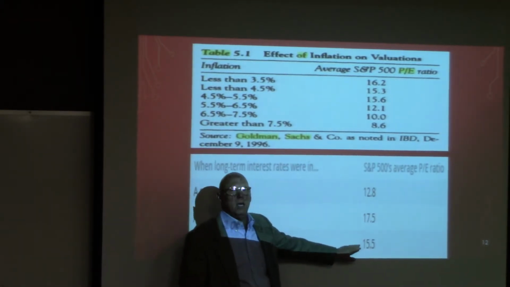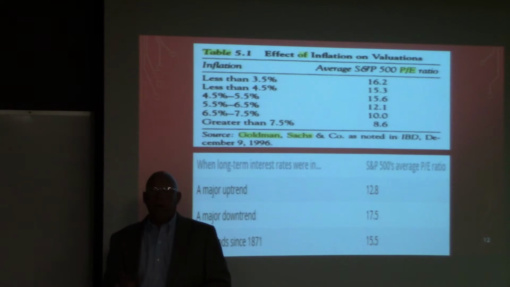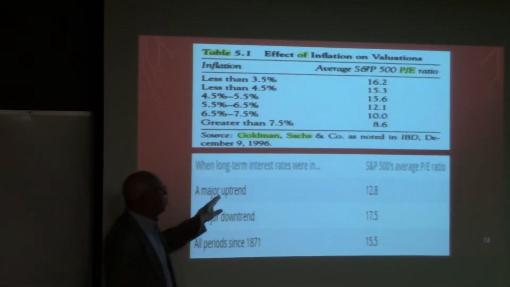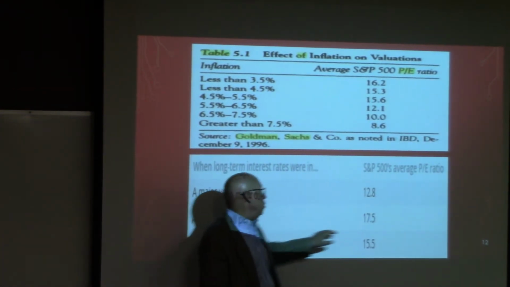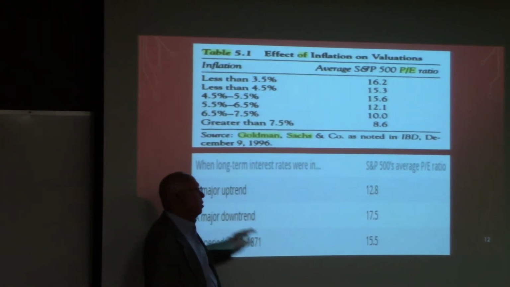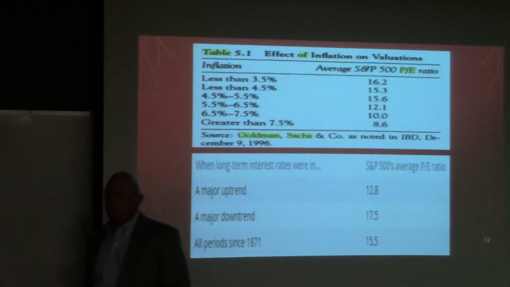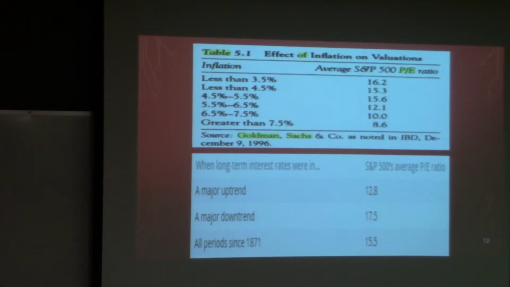Where are we today? We're about 18 to 19, but interest rates are still very low. The point is that when rates are moving up, multiples move down, and when rates are moving down, multiples move up. So we can't just look at multiples. We have to look at inflation and interest rates.